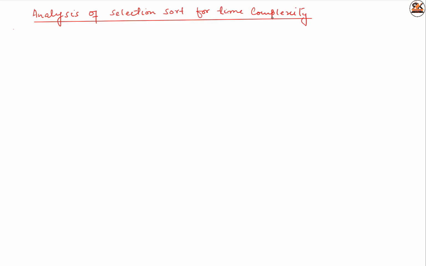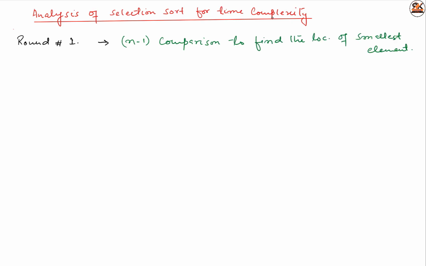complexity. During the algorithm you must have noticed that for the round 1 or for the first iteration you require n minus 1 comparisons to find the location of smallest element, and for round 2 we require n minus 2 comparisons, and similarly for round k we require n minus k comparisons to find the location of smallest element.